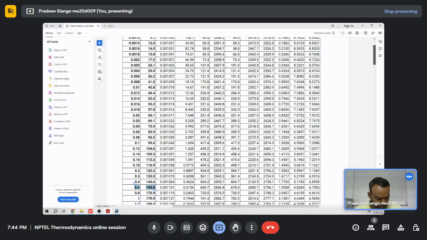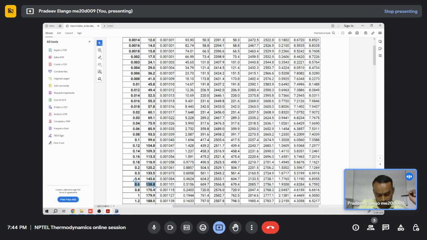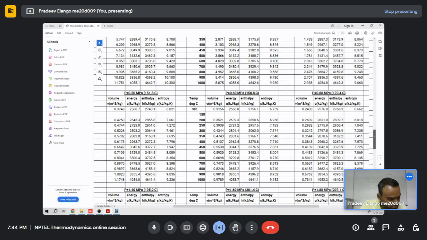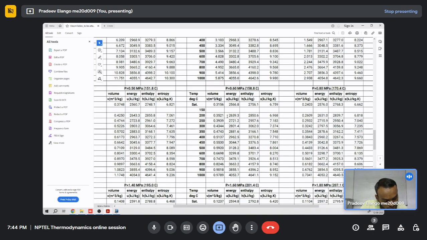Since our state is at 200 degrees Celsius, it is superheated steam, and we can go to the superheated steam table at 0.6 and 200, and using the specific volume and the mass given, we can calculate the initial volume. The initial specific volume is 0.3521.